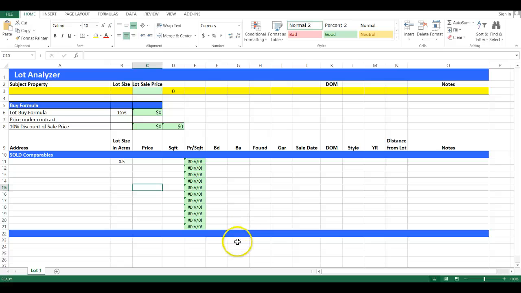So when we do the average, we'll see, okay, the average home in that area has 2 bathrooms, 3 bedrooms, 2-car garage. So we would know what will sell once we build it.